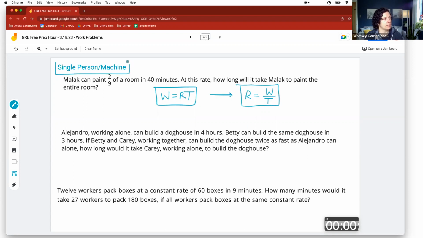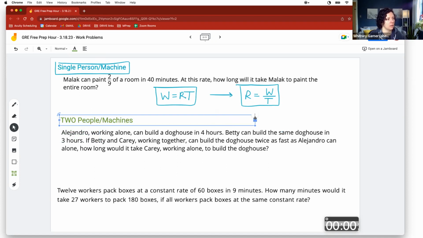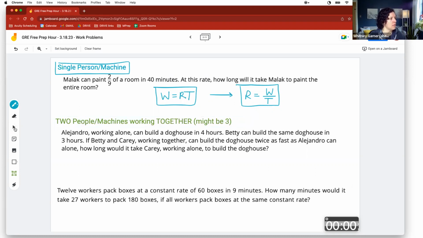The second one, a couple of you noticed, is about 2, sometimes 3, but 2 people or machines. And the key here is working together. Now this might be 3. Okay. So there's one other key here.